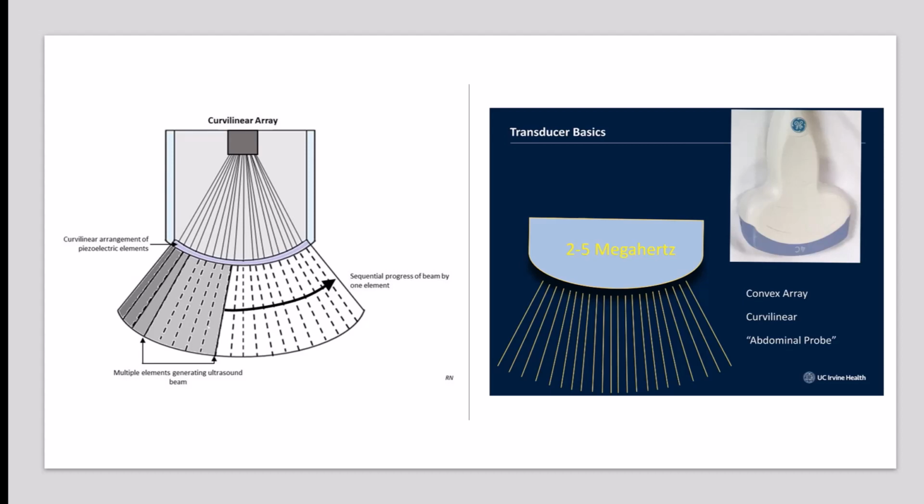This arrangement results in a trapezoid field of view due to the divergence of the ultrasound beam with increasing distance. This allows for a wider field of view, but with decreased line density and reduced lateral resolution.